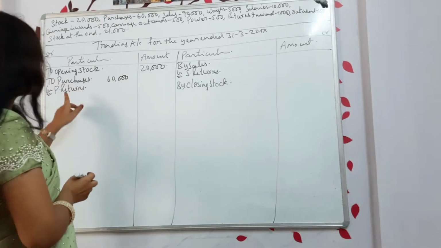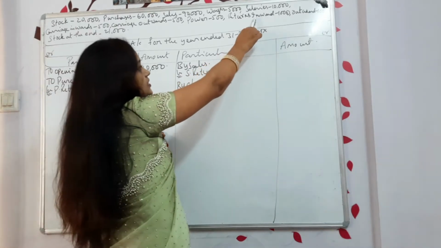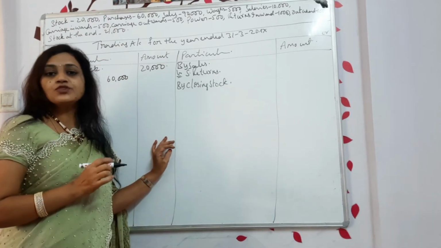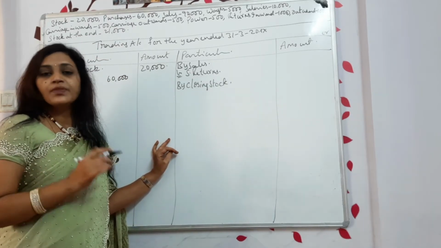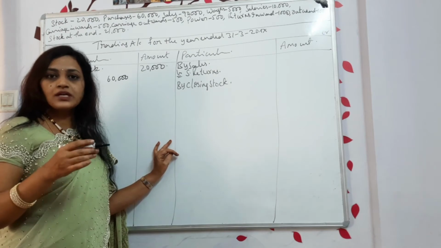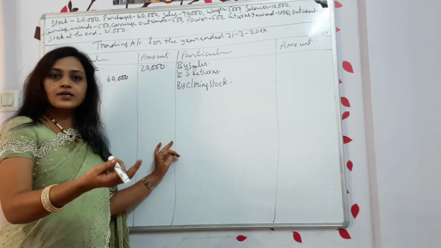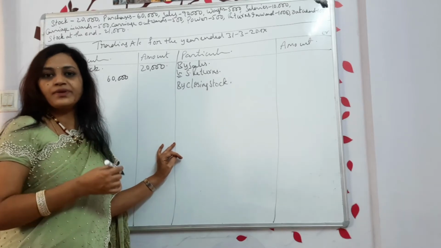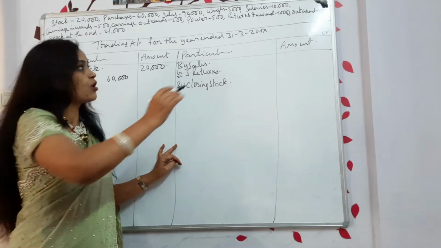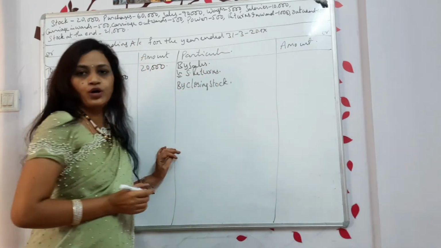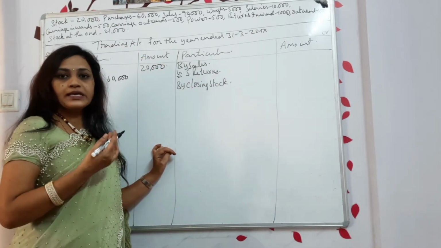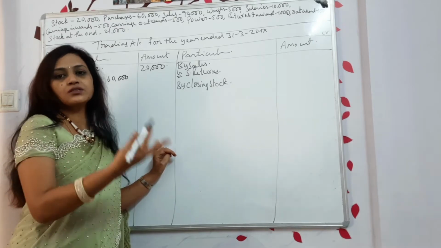And then returns are there. Yes, we have two returns, returns inwards and return outwards. Which is purchase returns and which one is sales returns? If we sell the goods, then whenever they are returning the goods, those returns are coming inside. So sales returns are called returns inwards. Now, when you purchase the goods, if you got any damages, then you will return the goods.